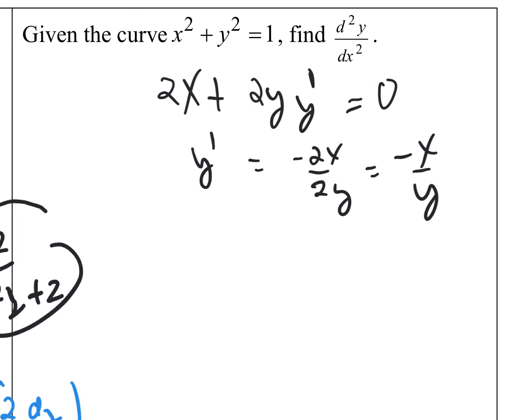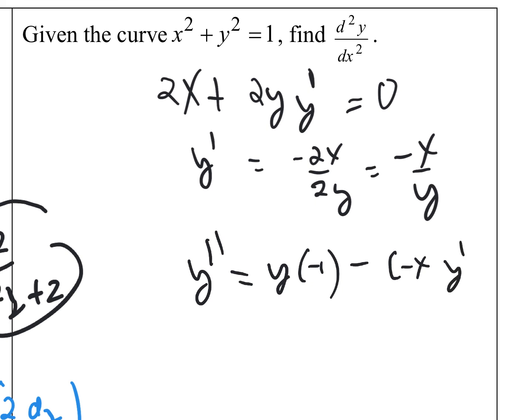Now I have to do my second derivative, the derivative of y prime, which will be the quotient rule. y times the negative 1 minus the top, negative x, times the derivative of y, which is y prime, all over y squared.